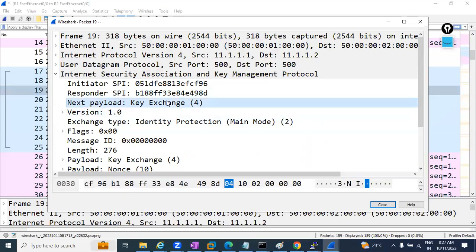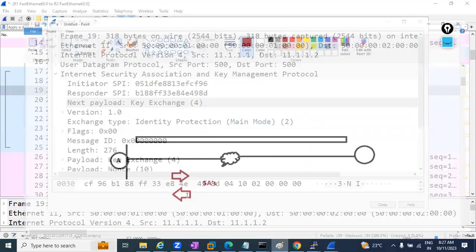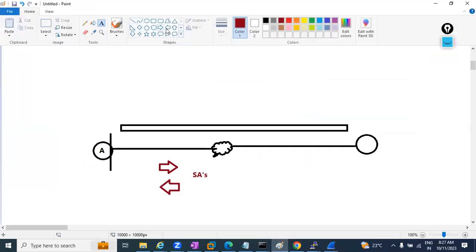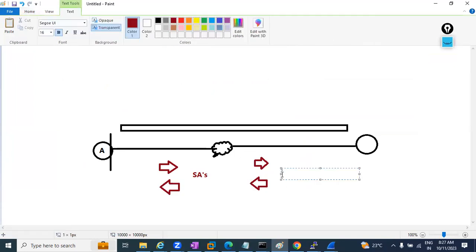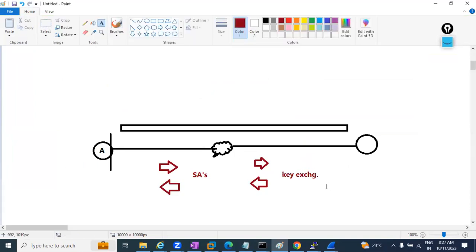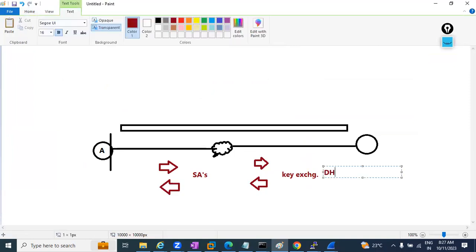Third is all about key exchange, because as you know, the first and second messages are all about SAs, but the third and fourth messages are all about key exchange, which is about Diffie-Hellman.